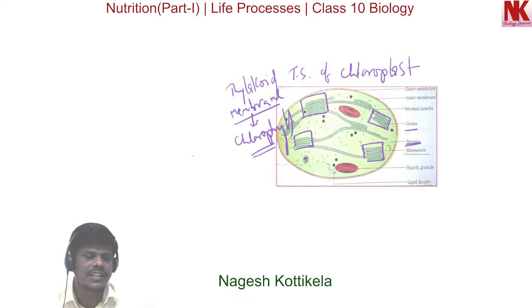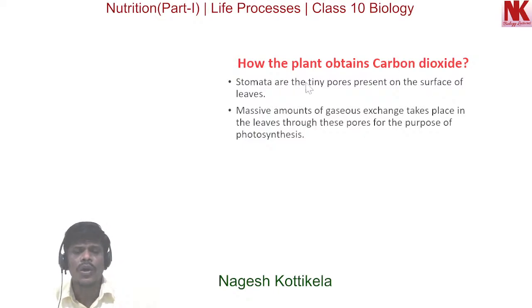Now after this, let's proceed with how the plants obtain carbon dioxide. Carbon dioxide is necessary during the photosynthesis process. Then how do these plants obtain carbon dioxide? Very simple.